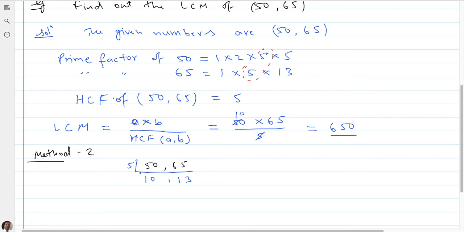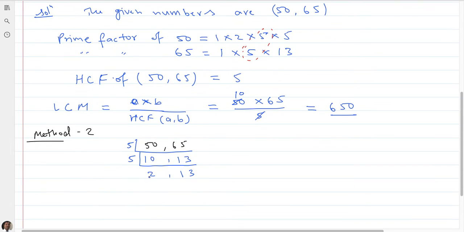Okay, again we can see 10 can be divisible by 5. So if we divide 10 by 5, it will come 2, and 13 cannot be divided by 5, so we will write 13 as well.